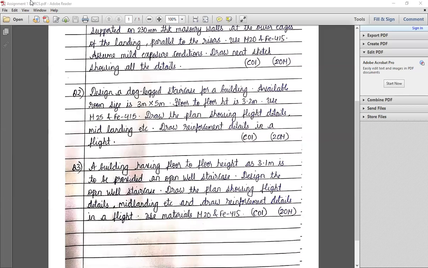So after considering the clear cover and all, the overall depth will increase. So how have you considered 200, Ojas? Assuming clear effective cover, then my total depth is coming out to be 225 and small d is 200. Acha, small d you have given the value. Okay, fine. Bending moment 51 and shear force 41. Others also same? Yes, sir. Okay, fine. So now on the basis of that, you can find out the area and provide the necessary steel. So there is no problem in that.